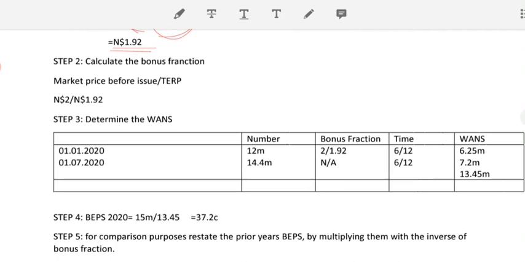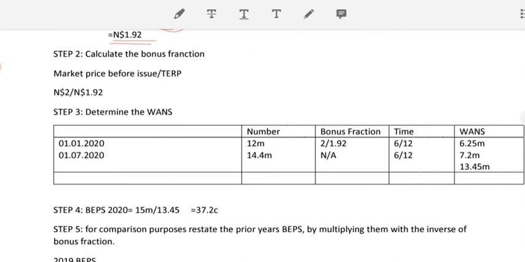Then they say determine the weighted average number of shares. We have 5 columns: the column for date, the column for the total number, the column for the bonus fraction, the column for the time period the shares have been in use during that year, and the column for the weighted average number of shares.